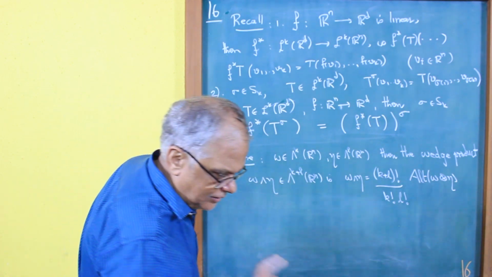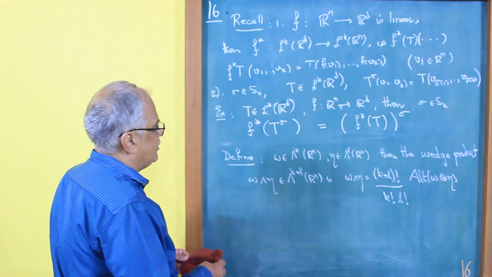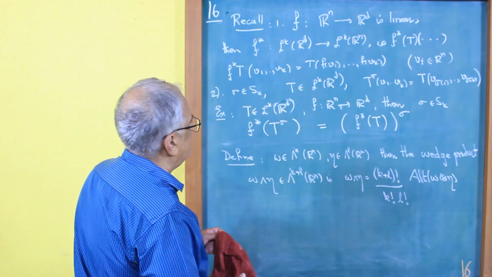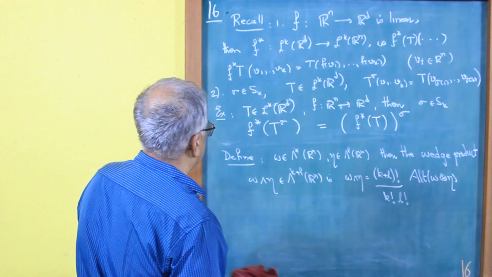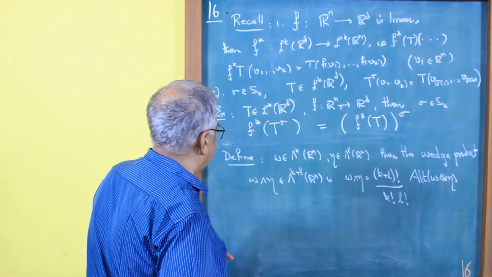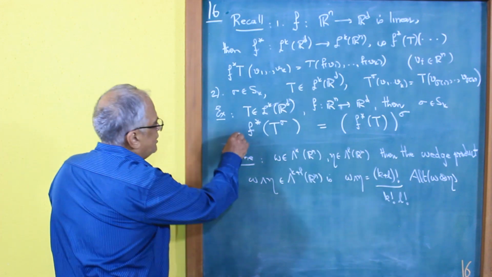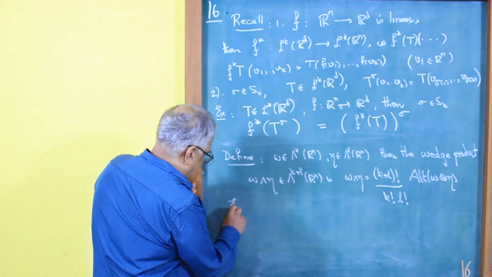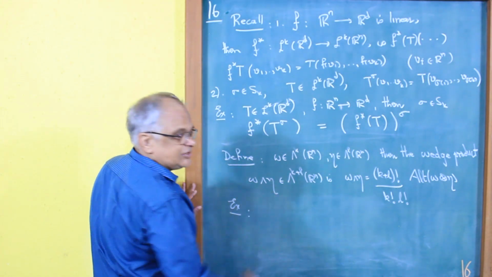Now we need one more property of this sigma's business that we have. Once I have this, I have one more property about wedge products.